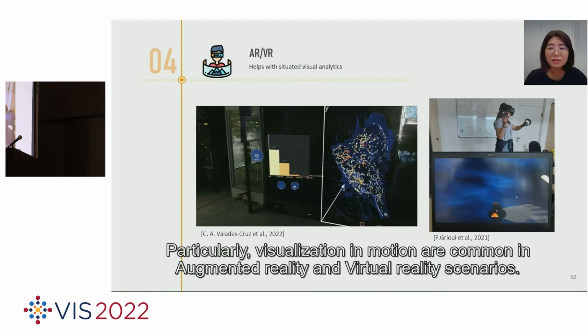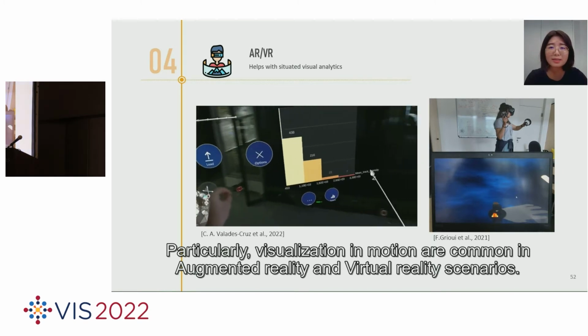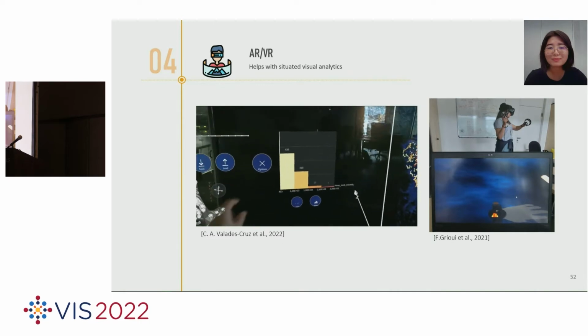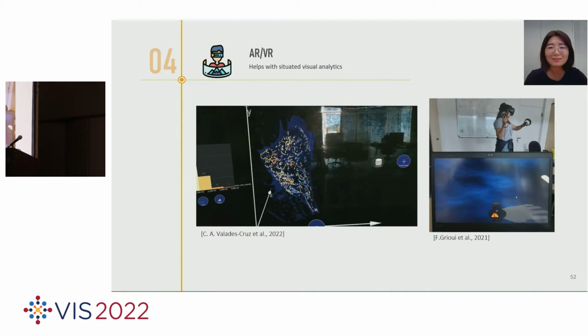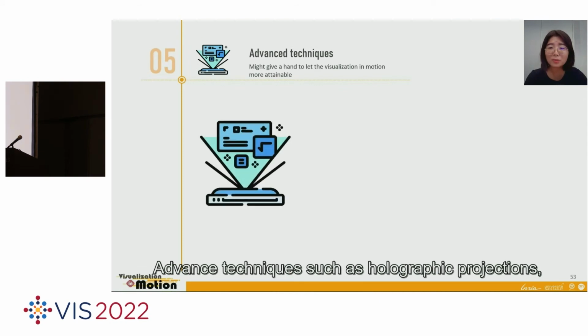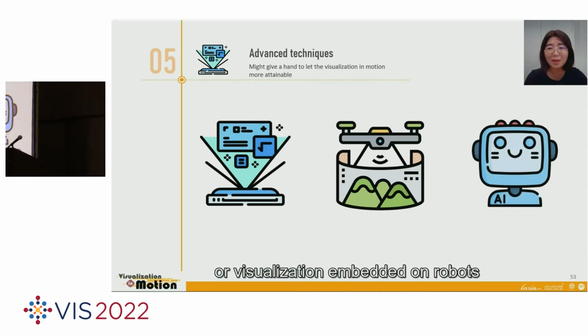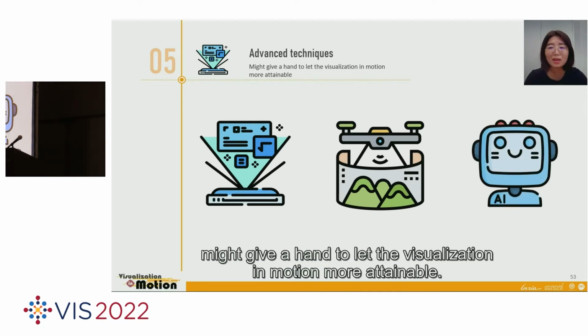Particularly, visualization in motion is common in augmented reality and virtual reality scenarios. Advanced techniques such as holographic projections, visualization by drones, or visualization embedded on robots might give a hand to let the visualization in motion more attainable.